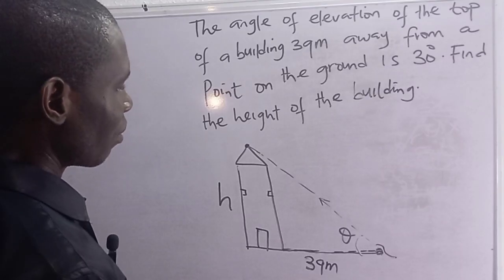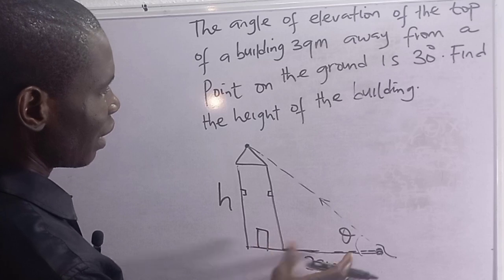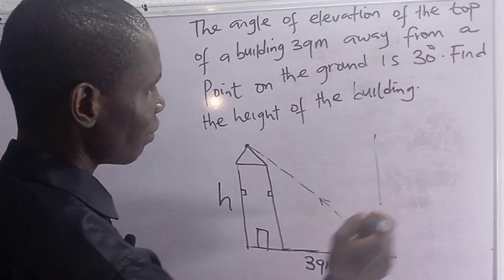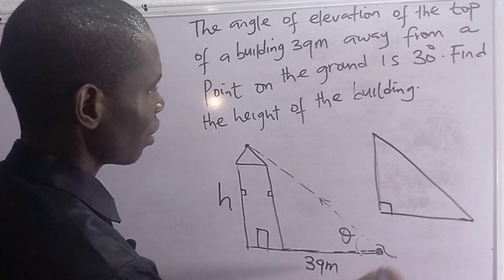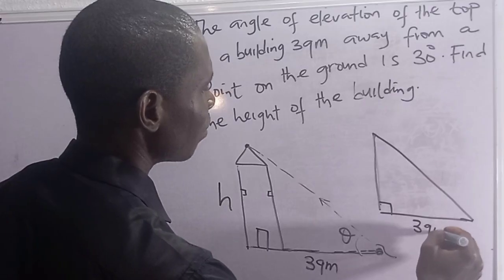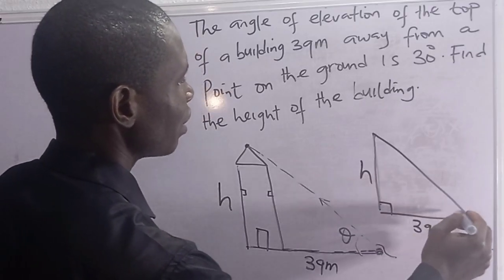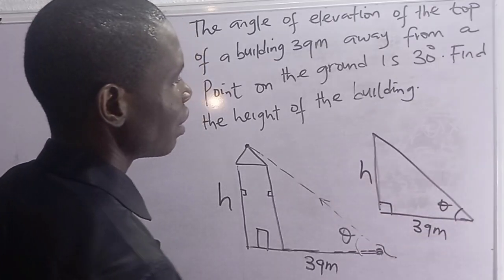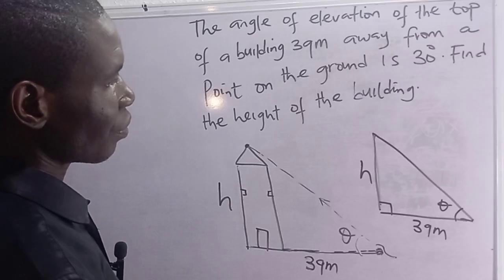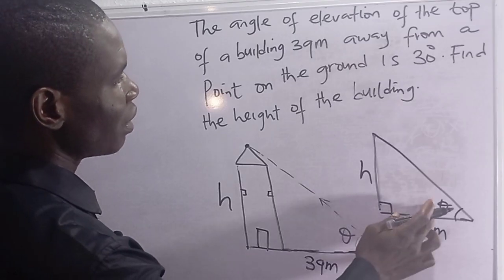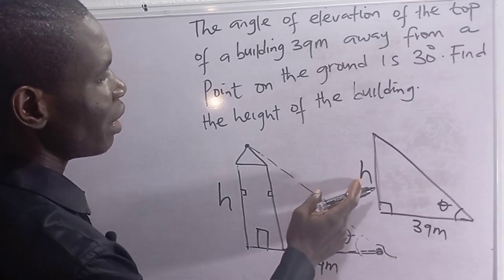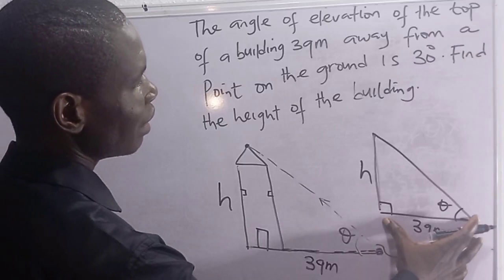So bringing this out clearly, we have it in this form. Here is 39 meters, here is h, and here is theta. With respect to theta, the opposite is h and the adjacent is 39.